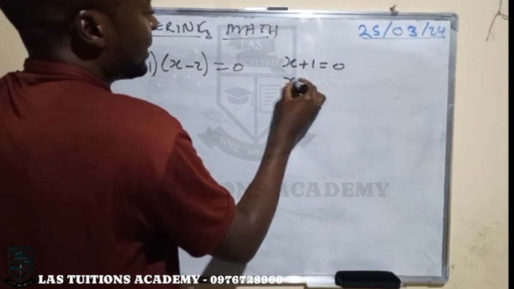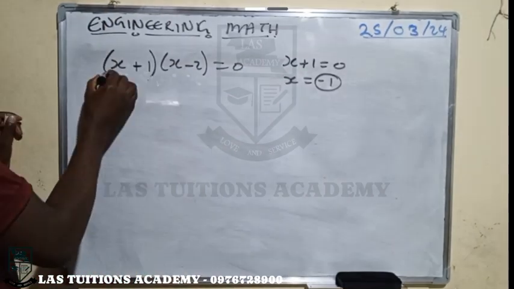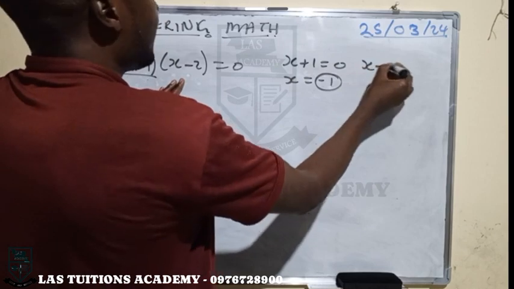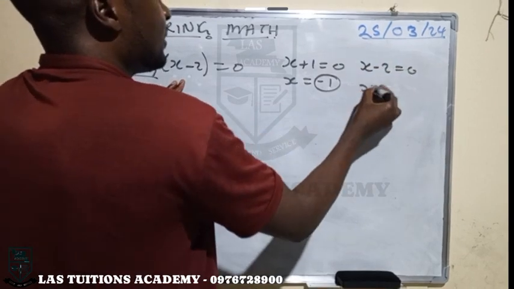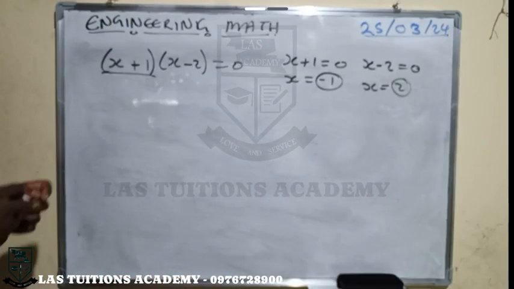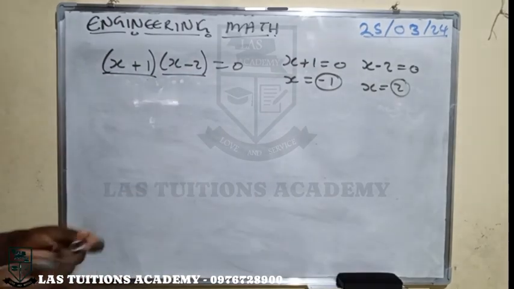This -1 is a root, but the way it is here, x plus 1 is a factor. Also x minus 2 equal to 0 gives you x equal to 2. That 2 is a root, but the way it is here, x minus 2 is a factor. Okay.